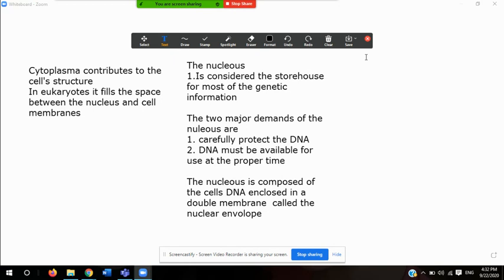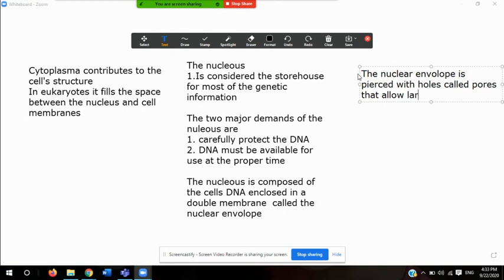The nuclear envelope is pierced with holes called pores that allow large molecules to pass between the nucleus and the cytoplasm.